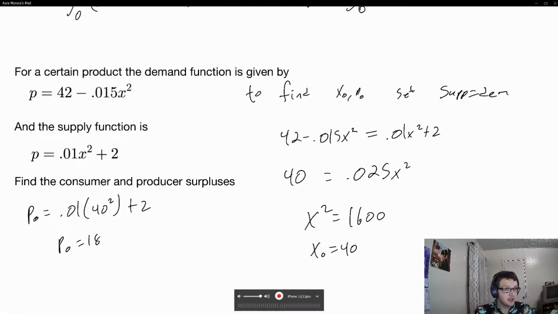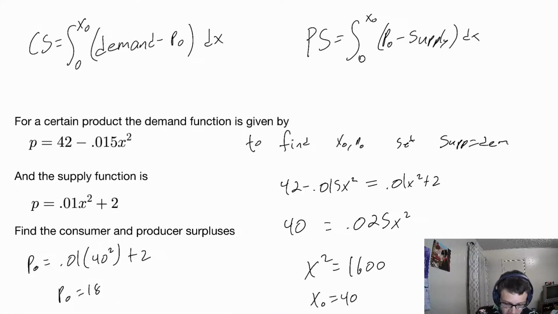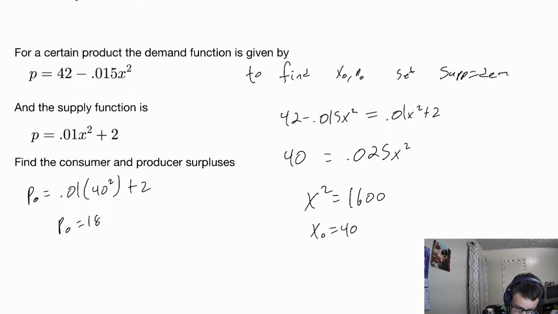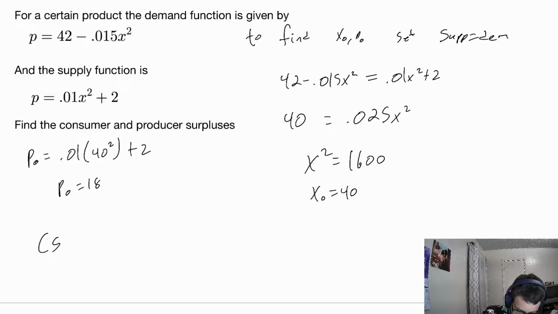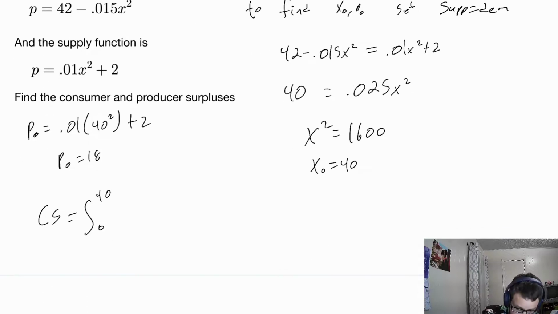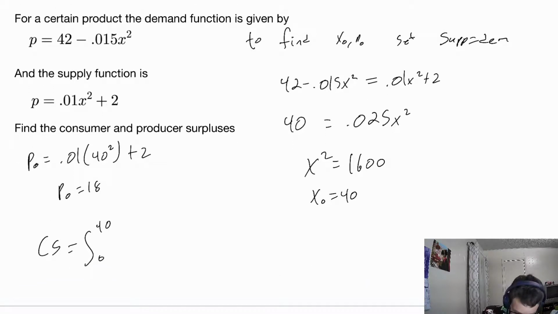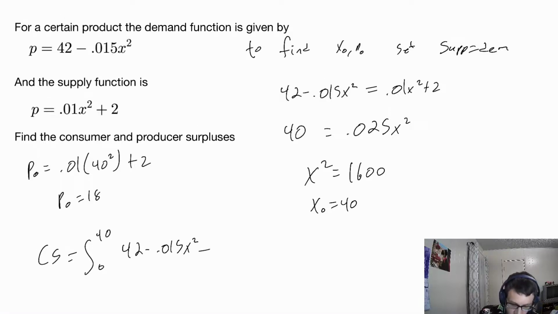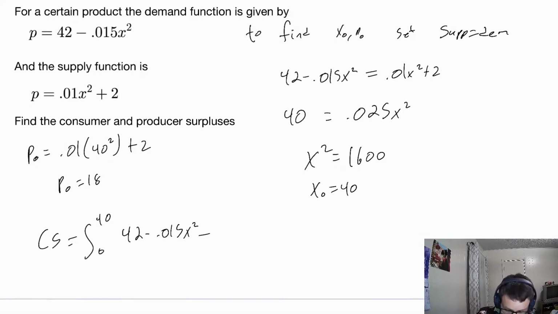So now we can find our consumer and producer surpluses. Let's remind ourselves the consumer surplus is the integral from 0 to x naught, which in this case is 40, of demand. Our demand function is 42 minus 0.015 x squared, minus our p naught, which is 18.